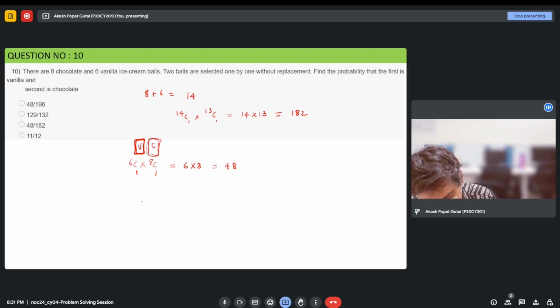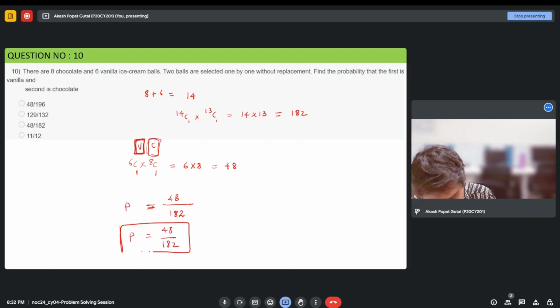And the probability you can calculate as the number of favorable possibilities divided by the total number of possibilities, 48 by 182. And the answer should be option C.